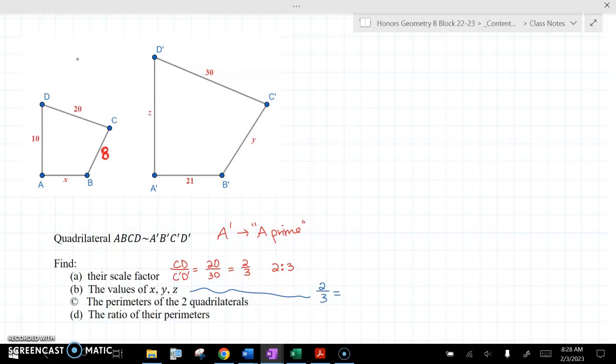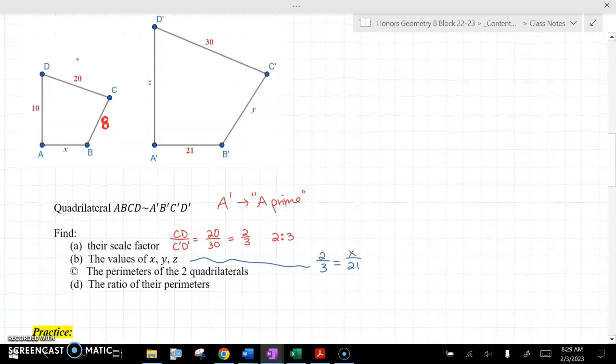So because my scale factor goes from the smaller figure to the bigger figure, I want to keep that in line. So I'm going to go from AB, which is x, for my smaller figure, to 21, which is A prime B prime on my big figure. So now to solve for x, I'm just going to cross multiply. So I get 3x equals 42. So ultimately I get x equals 14.